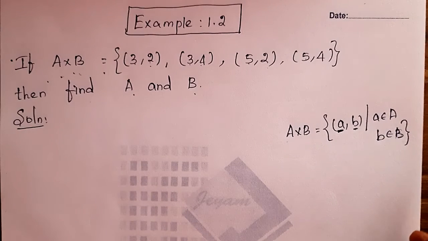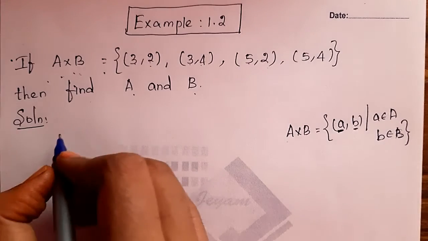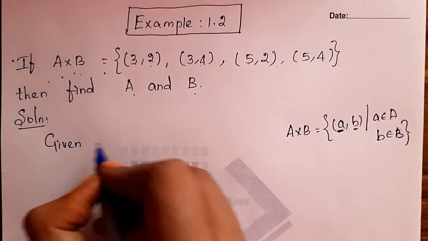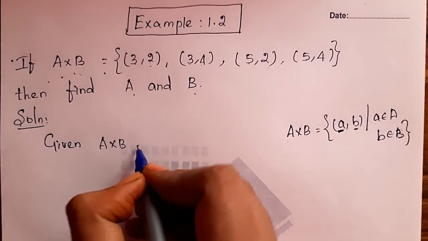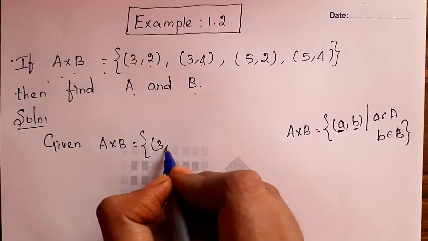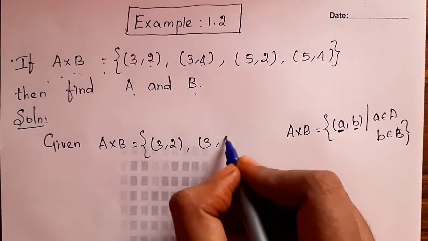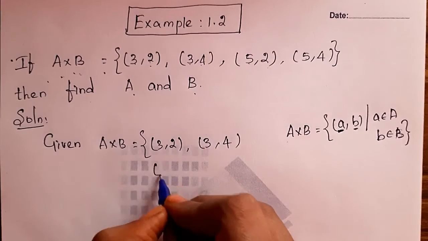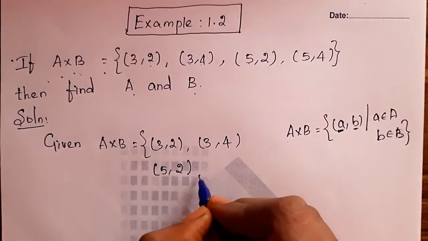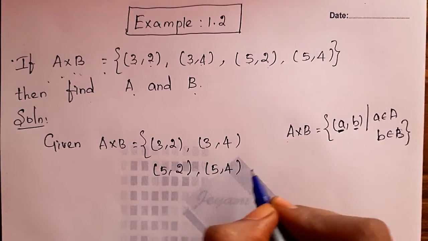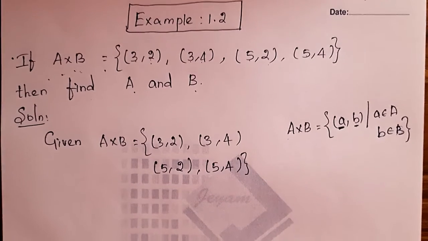Very simple problem. So given A cross B is equal to the set of all (3, 2), (3, 4), (5, 2), (5, 4). It is given.